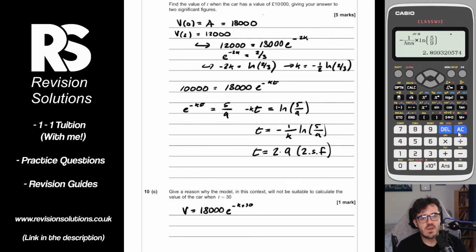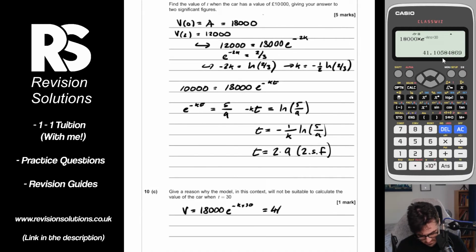So let's grab our value of k again. That was just minus 1 over 2 natural log of 2 on 3. So we've got that ready again. Plugging that in now, so we'd have 18,000 times e to the power of minus our answer times 30, which gives 41.1 pounds.